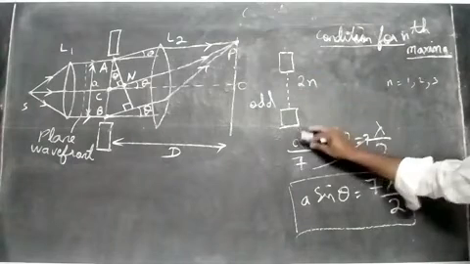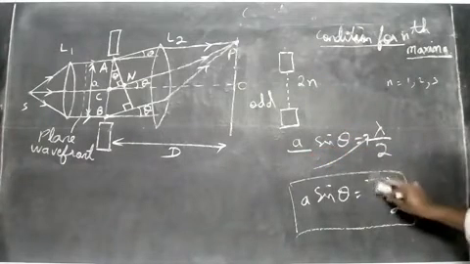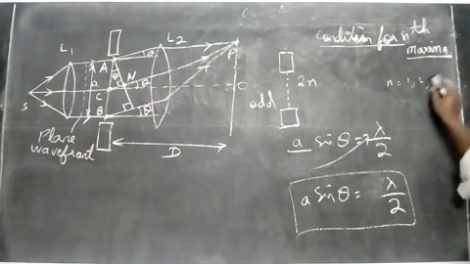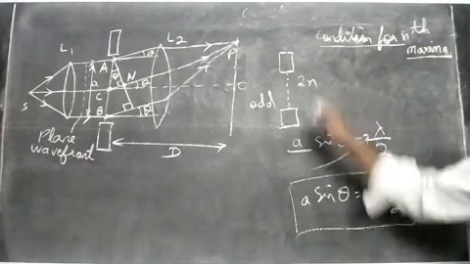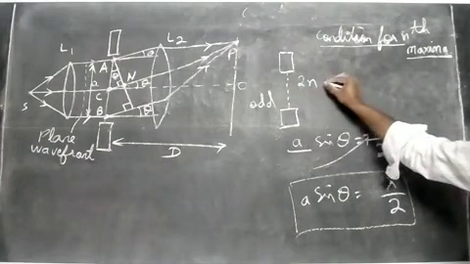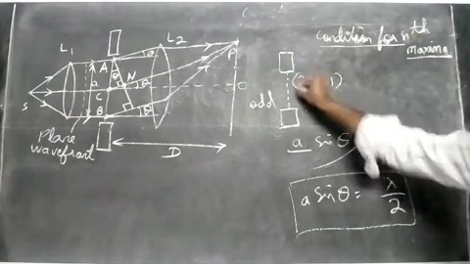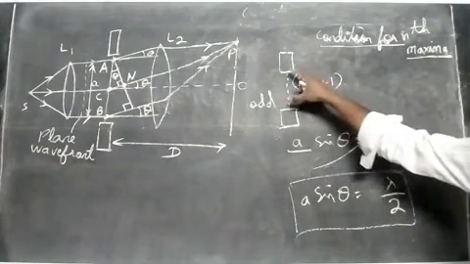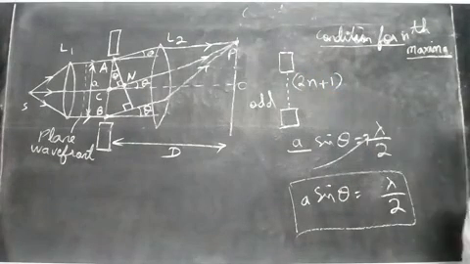Let me rub this number here first. Then we'll write now 2n. So n equal to 1 means 2 into 1 will be 2 only. It will be an even number. To make it odd, we just add 1 here. So 2n plus 1. We divide the slit into 2n plus 1 number of parts here.